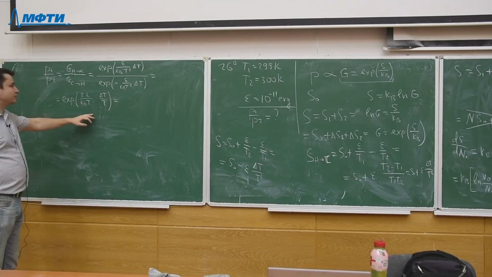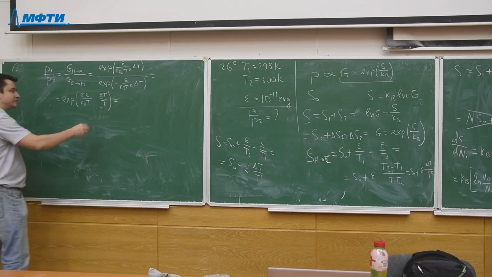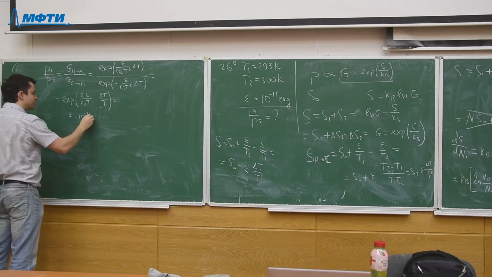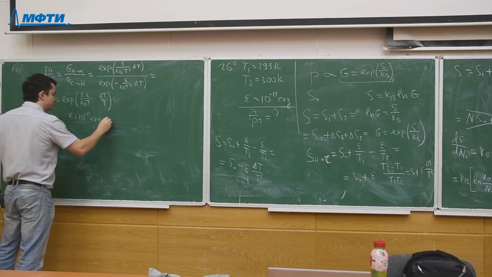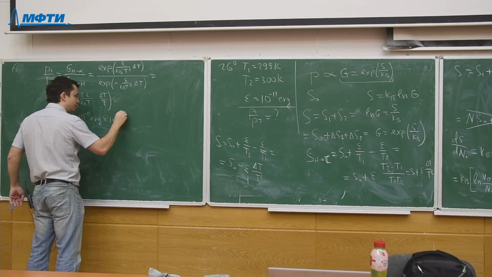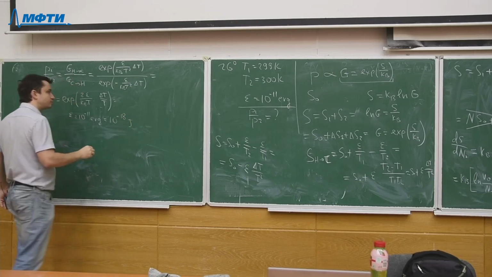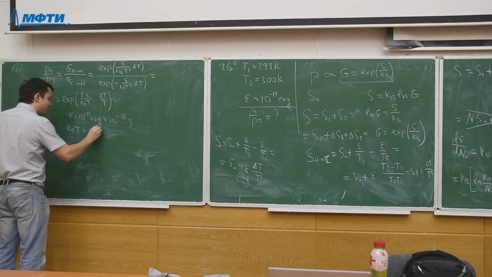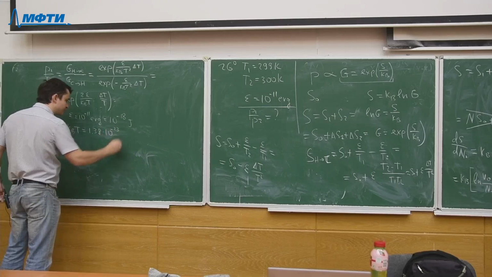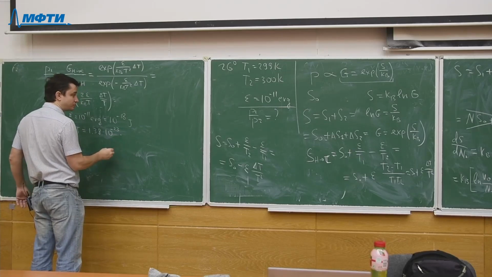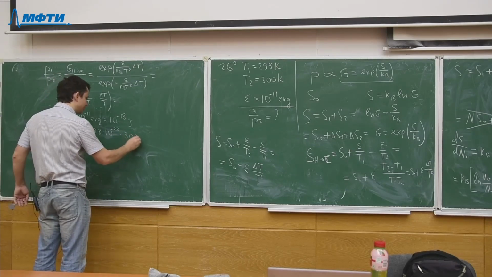So let's try to calculate the ratio epsilon over KbT. Epsilon is 10 to the minus 11 erg, and this is 10 to the minus 18 joule, while KbT equals 1.38 times 10 to the minus 23rd multiplied by 300.